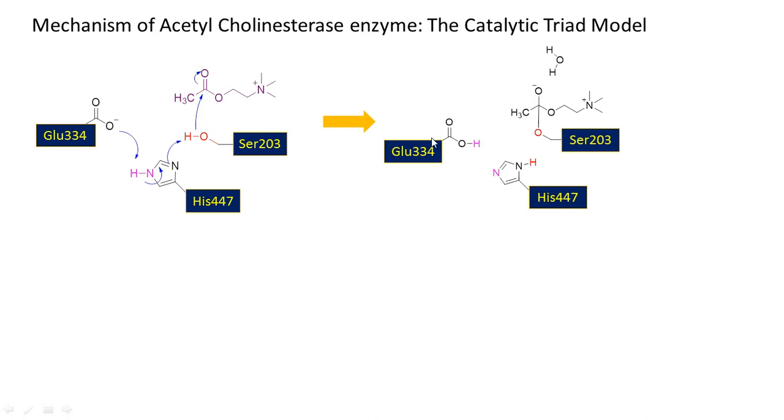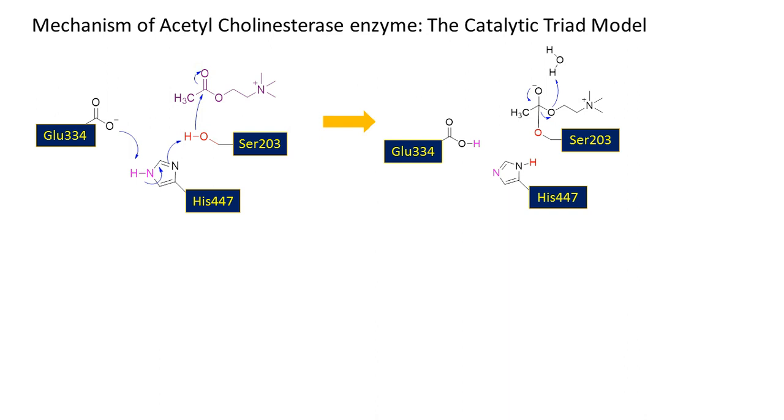This glutamic acid got the proton of histidine, and then this abstracted the proton of serine. This serine attacked the carbonyl carbon of the acetylcholine, and now again this is an addition-elimination type of reaction, what we see in case of ester formation.